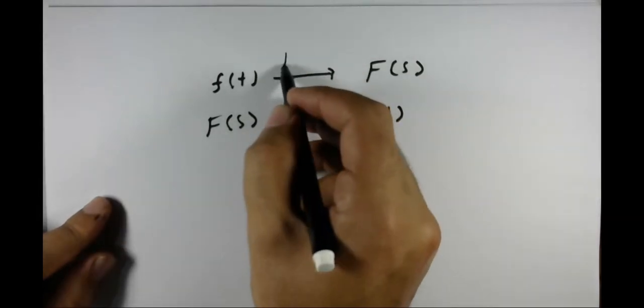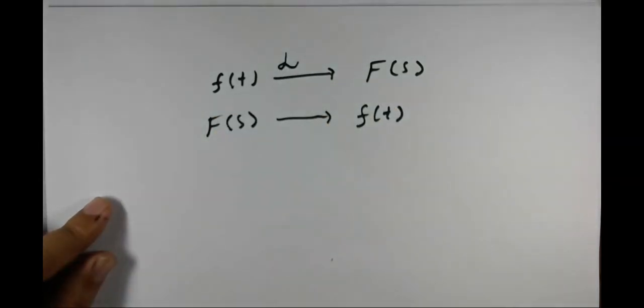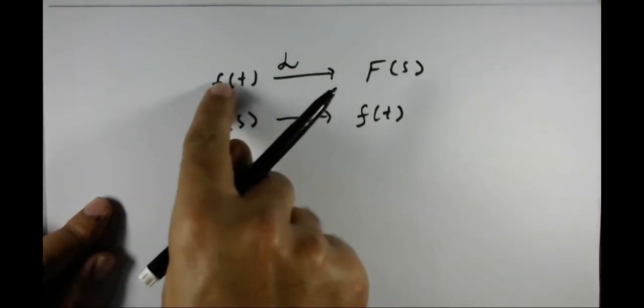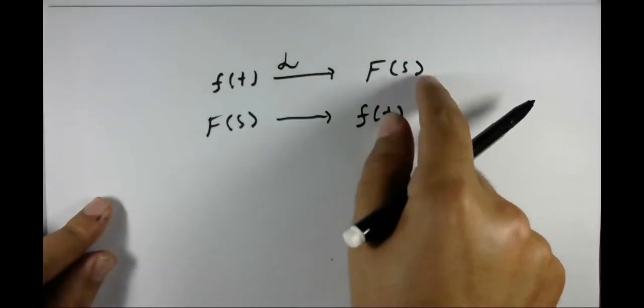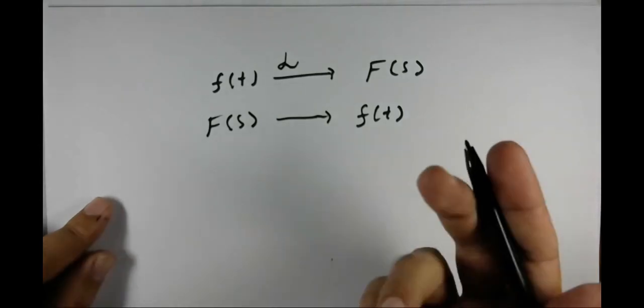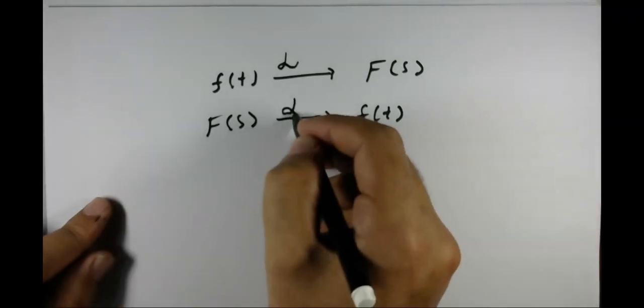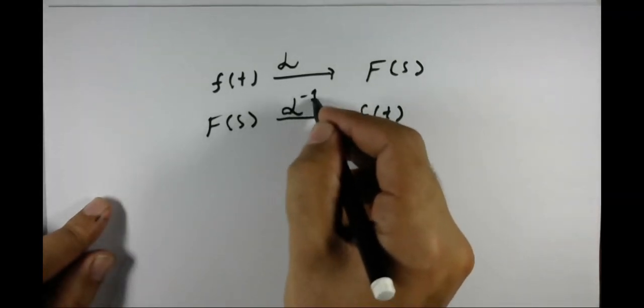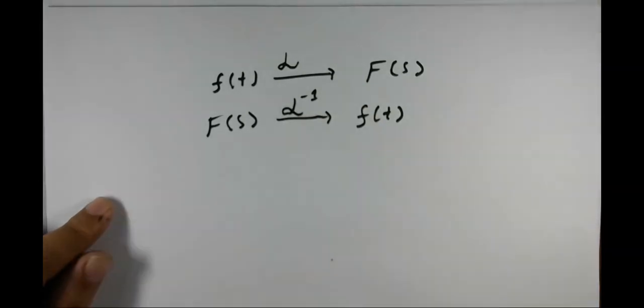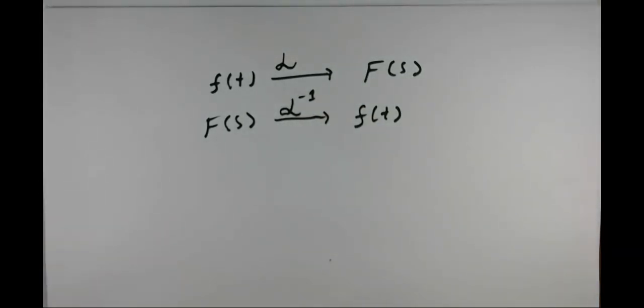We just simply take Laplace of this thing. Laplace of this f of t gives you this thing. Then the reverse should also be true. So we can say inverse Laplace of f of s should give you f of t. So this is quite simple and complicated at the same time.